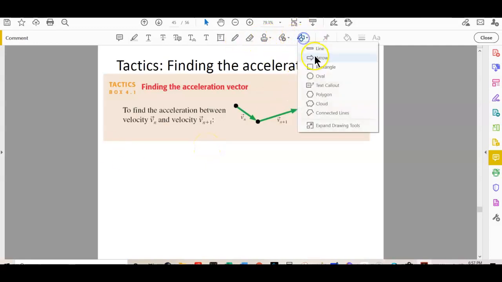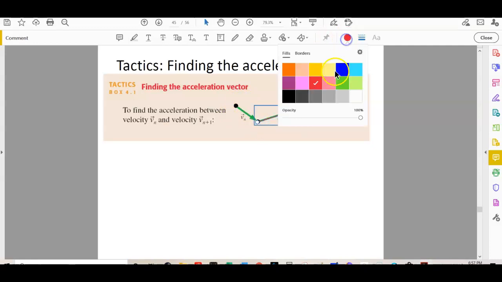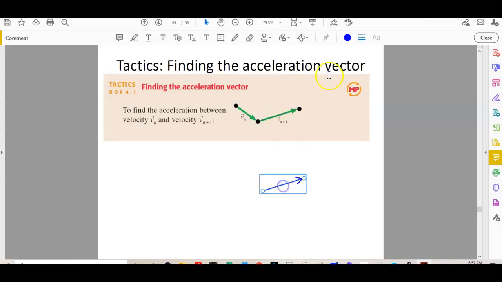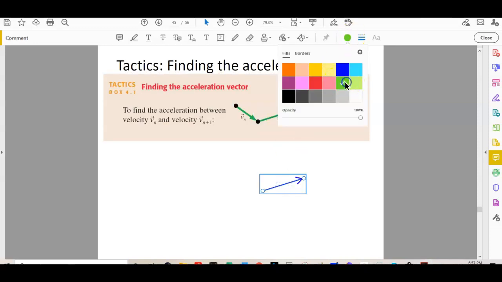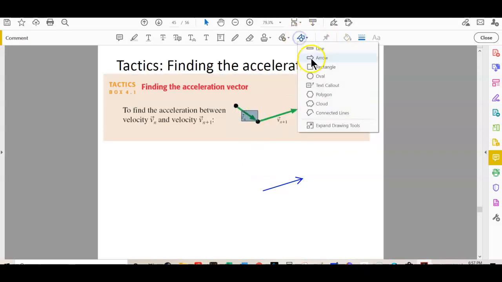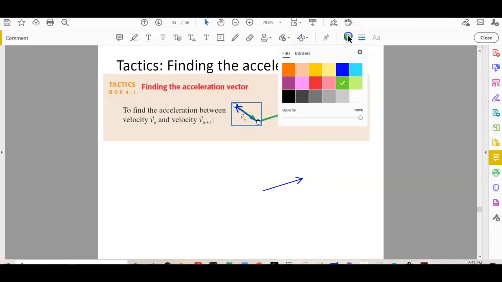What we're going to do is take an arrow and measure out this, which is our final velocity vector. So here's our final velocity vector. And then I'm going to measure out an initial velocity vector, and I'm going to reverse that.